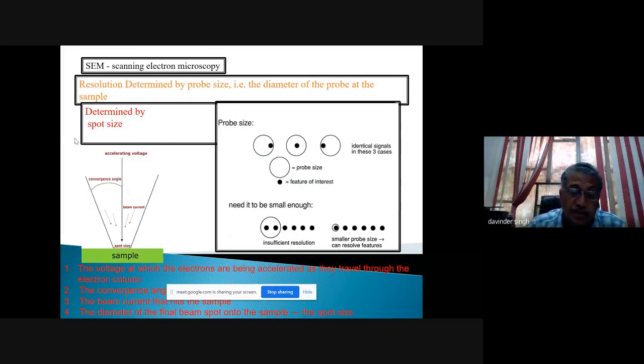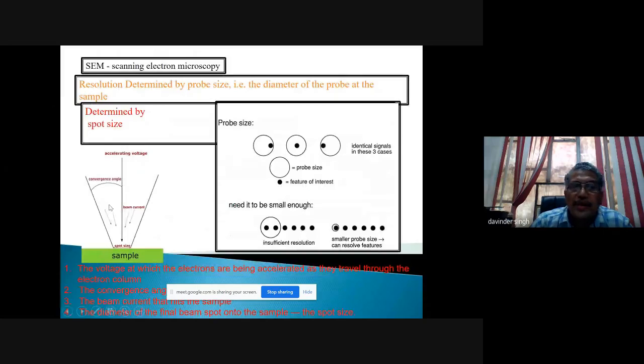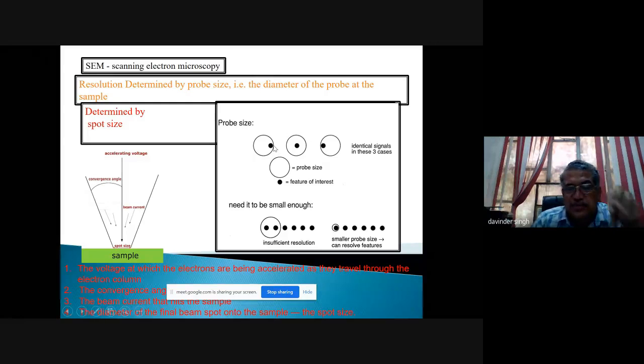Another important parameter when we do the scanning: here the cone angle should be as small as possible. If the cone angle is small, you can have better understanding. As an example of resolution, if the probe spot size is small, that is good.